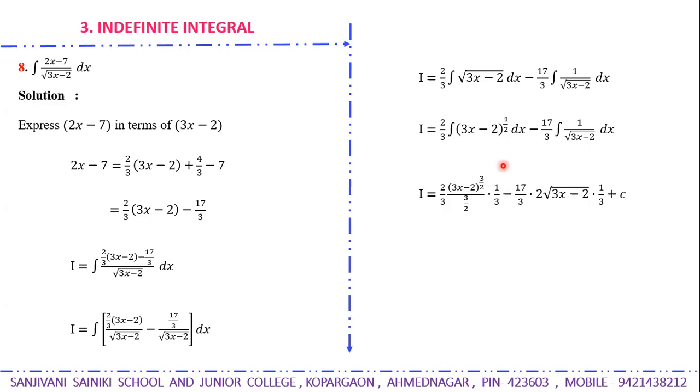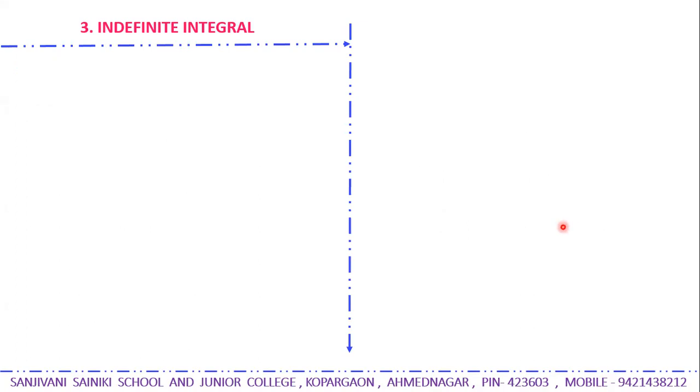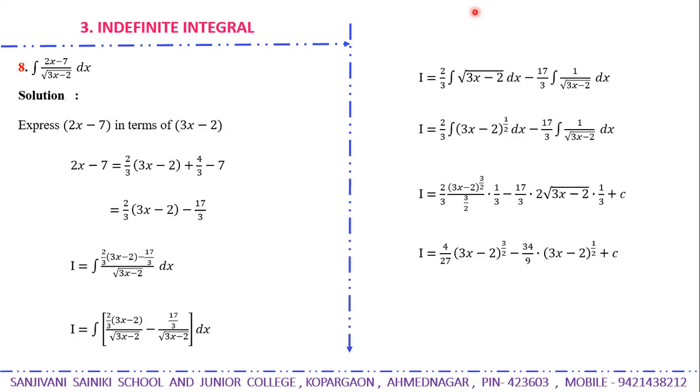And the integral of 1 upon root x is 2 root x, into 1 upon a. After simplifying, you will get the answer. This is the answer.